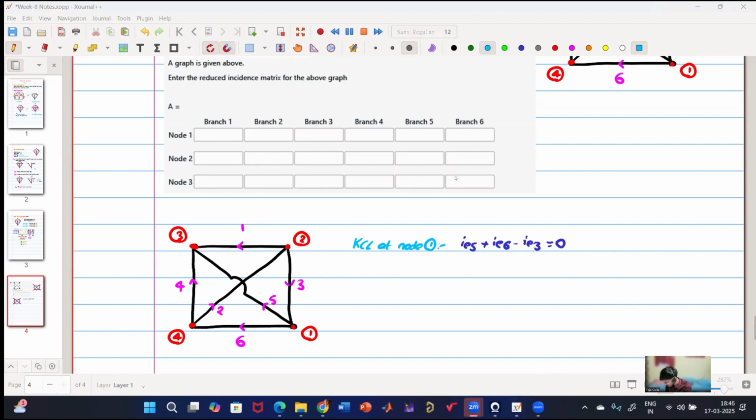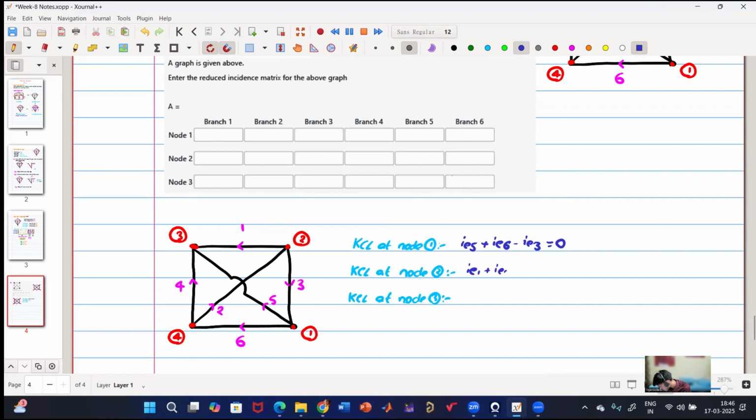Okay. Now quickly tell me what is the KCL at node 2 and KCL at node 3. I1 plus I3 minus I2 is 0. KCL at node 2, you are saying IE1 plus IE3 minus IE2 equal to 0. Yeah, very good.